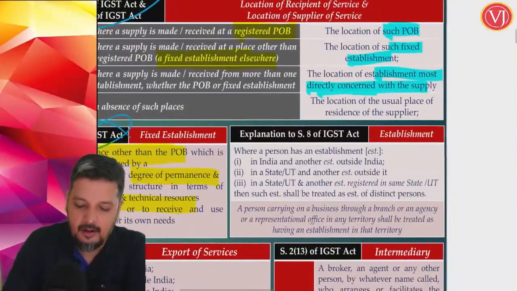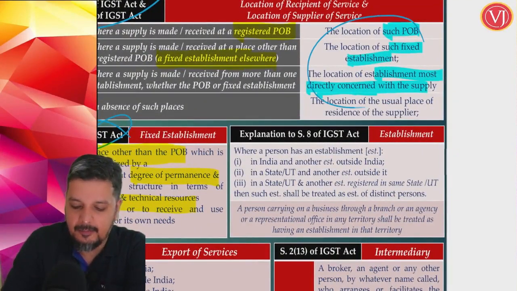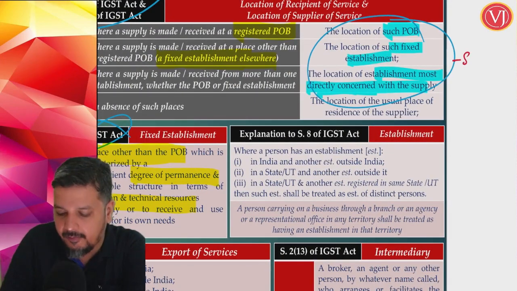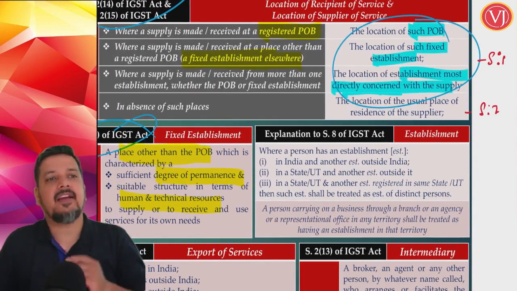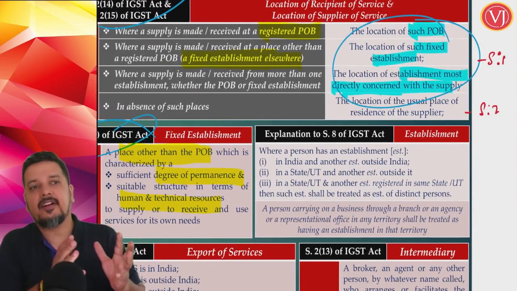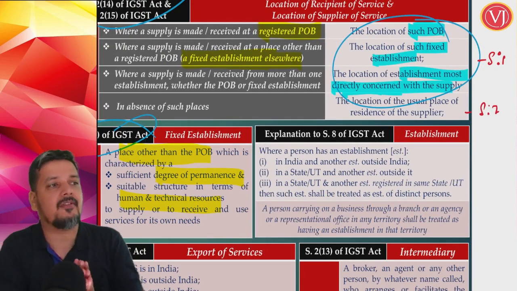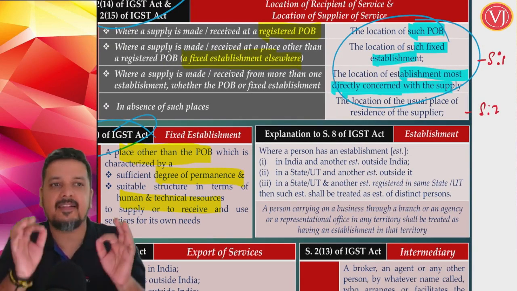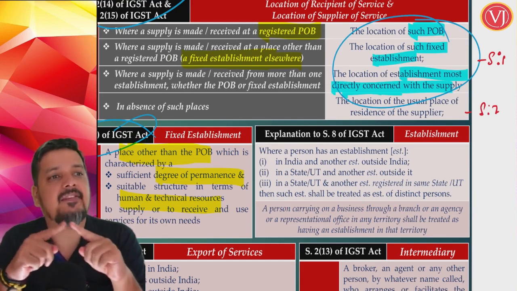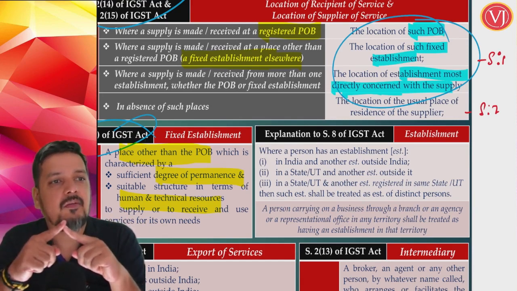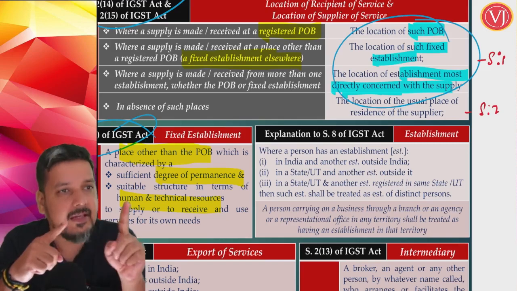Actually, all these three points are utter time pass. You can remember this as step 1. For finding out the location of supplier of service, it is neither the registered place of business, the main place of business, nor the fixed establishment. It is that place which is more directly concerned. If my team of Delhi is giving that service, the location of supplier of service is Delhi.